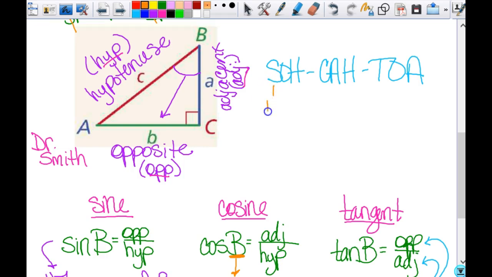Okay? So here's what this means. This tells you that the sine is opposite over hypotenuse, and cosine is adjacent over hypotenuse, and tangent is opposite over adjacent. Does that make sense? So that tells you right there, sine is opposite over hypotenuse, cosine adjacent over hypotenuse, tangent opposite over adjacent.